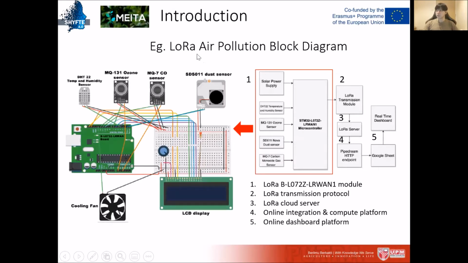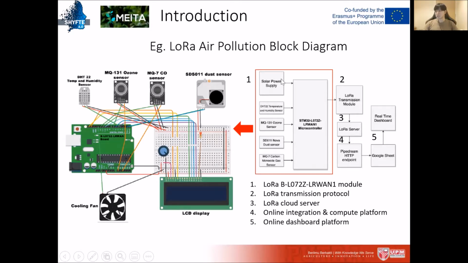This is a LoRa air pollution block diagram, which is the example we'll be using, because what we did here is set up a LoRa network using a LoRa air pollution sensor. All these sensors are attached to a LoRa node, and this LoRa node, after collecting all the data, will send it to the LoRa server.